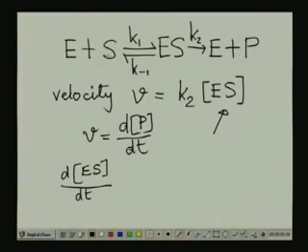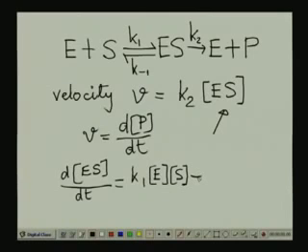So, the production and its destruction are at the same rate. If I apply that to the expression that I have here, what can I write for d ES dt? I can write K1, enzyme concentration, substrate concentration, minus, why minus? Because it is being destroyed in the backward reaction, and minus K2 ES, right?